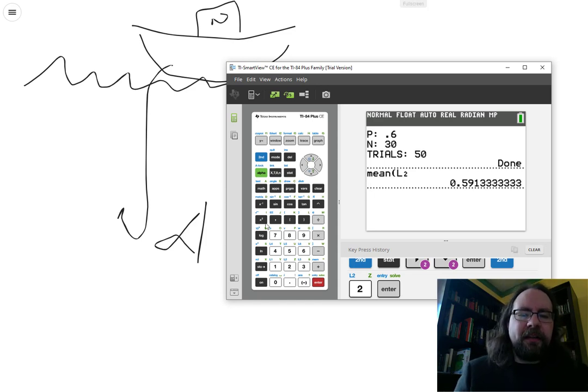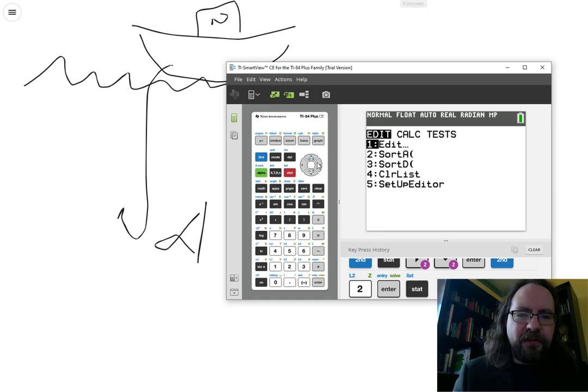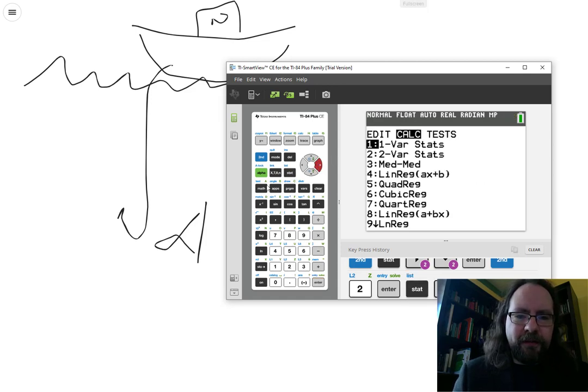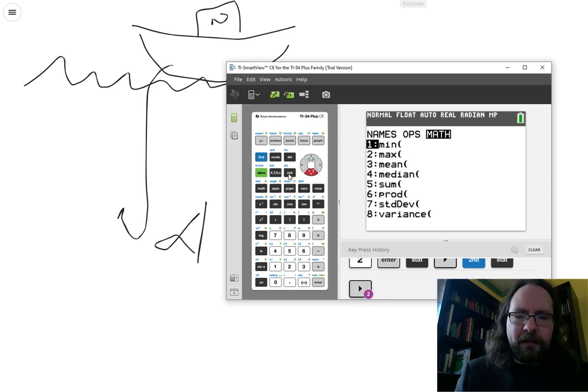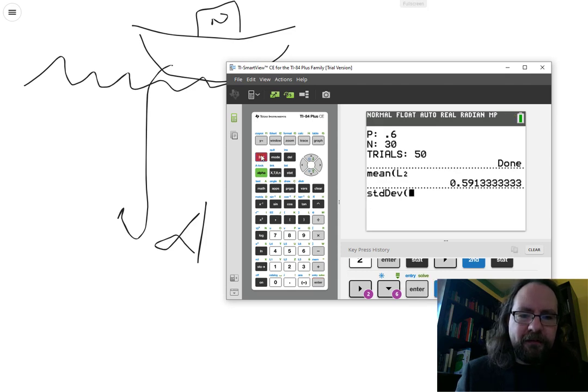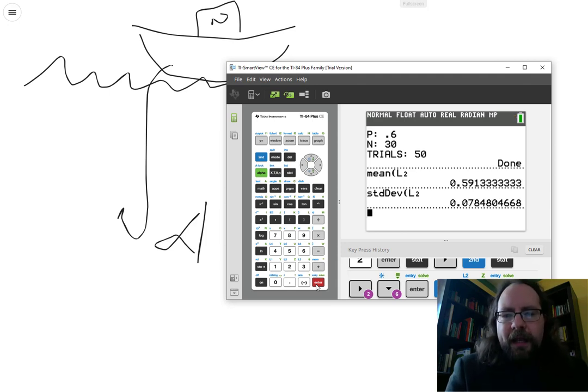Another thing I'm going to look at is the standard deviation, which tells us how spread out these proportions are. So, wrong menu. I'll go into math here, and I've got my standard deviation right there. So my standard deviation in this case is about 0.078. That gives me an idea of how spread out these proportions were.